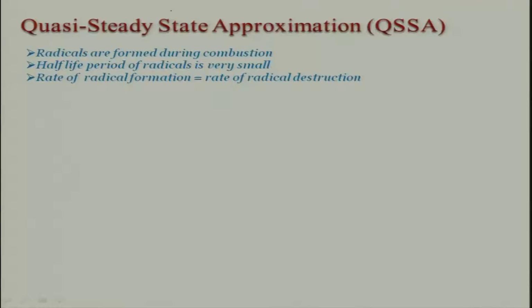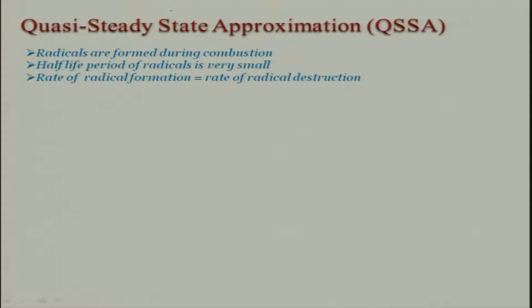In this case, what is being assumed is that it has reached a steady state. We know that radicals form during combustion, right, and the half-life of radicals is very, very small as compared to stable species. Okay. So I can say the rate of radical formation is equal to the rate of radical destruction, because in a certain time they will be there, and after that they won't be there.